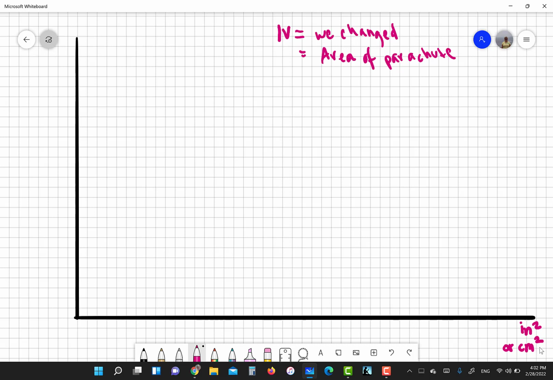So the x-axis is our independent variable, and that is the area of parachute.